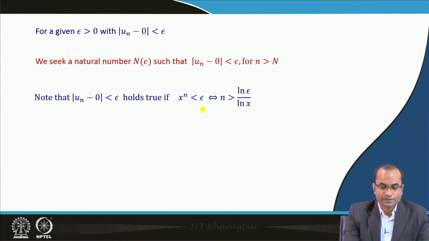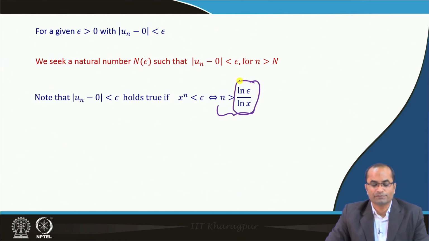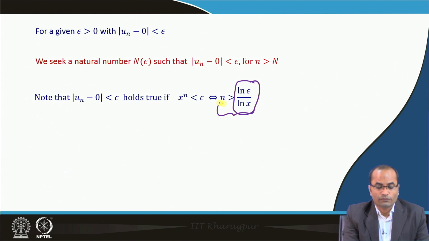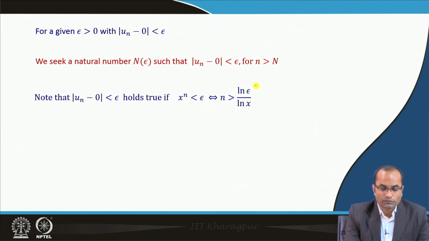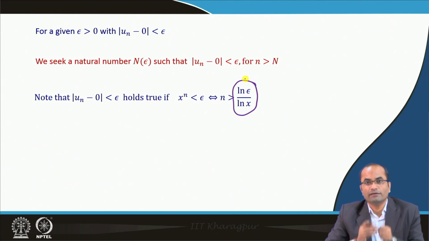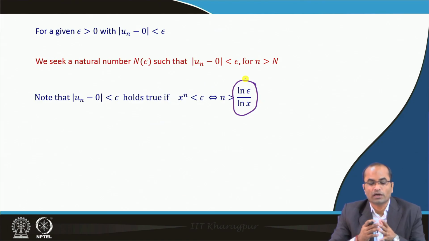So, now the question is whether we can have a big N out of this ln epsilon over ln x such that for all small n greater than capital N we have this relation. Can we find a big N which does not depend on x?